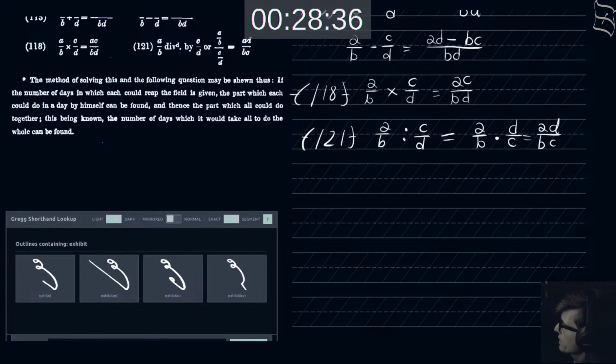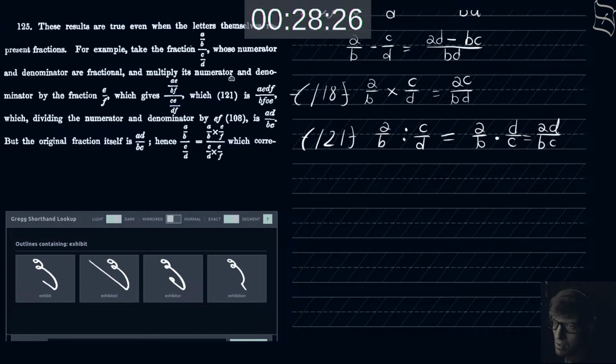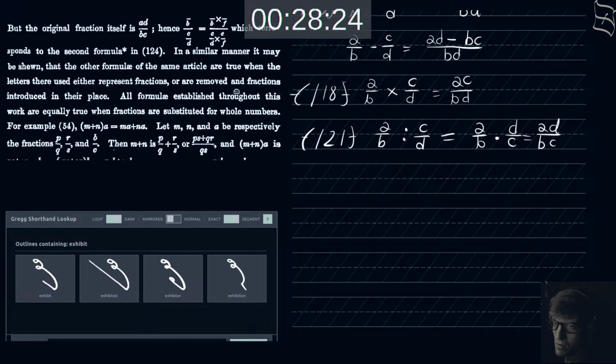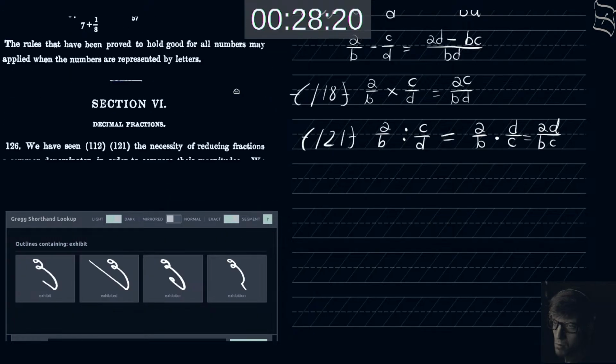Those are all the arithmetic rules for dealing with fractions, okay? And then he gives some more explanation in 125, and that's it.